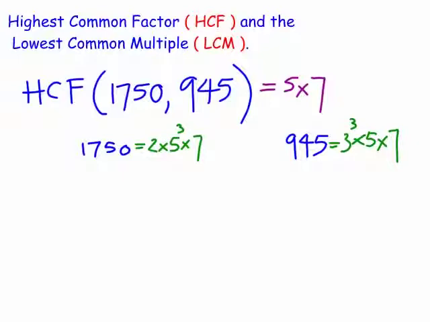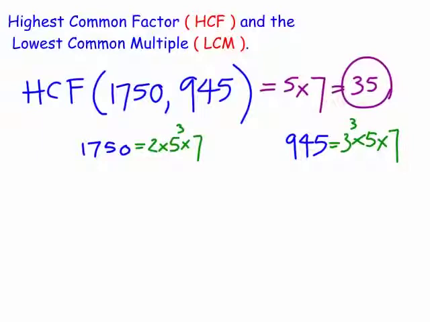Now, 5 is to power 3 in 1750 and to power 1 in 945, so the lowest one is used, so it's just 5 times 7. You can see here, that's easy, it's 35. So 35 is the highest common factor, the highest number that goes into 1750 and 945.